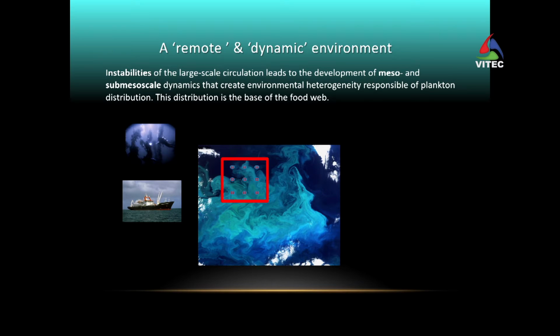And even the best oceanographic campaigns, when they monitor it, can sample water masses, as we can see here, that can be very different from each other. Here we have an example of a phytoplankton bloom, and we can see that if we sample in the lighter water mass, we will have a very different biological community, but also different biochemical characteristics of the water, from the ones in the darker side, where the bloom is not yet present.